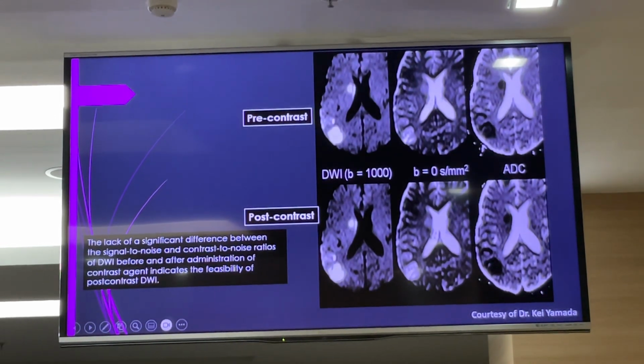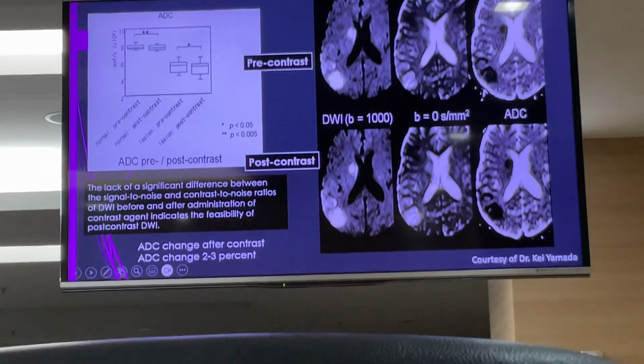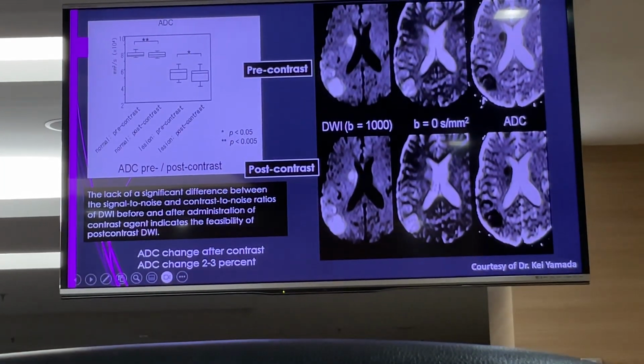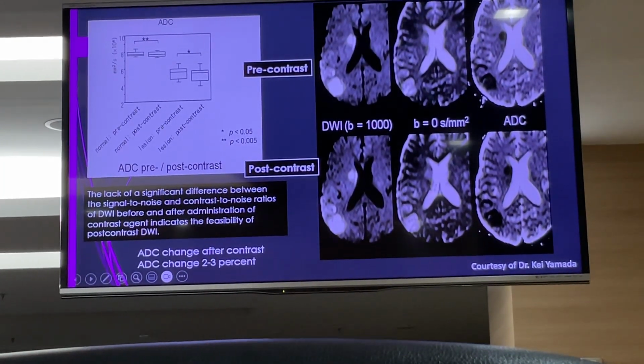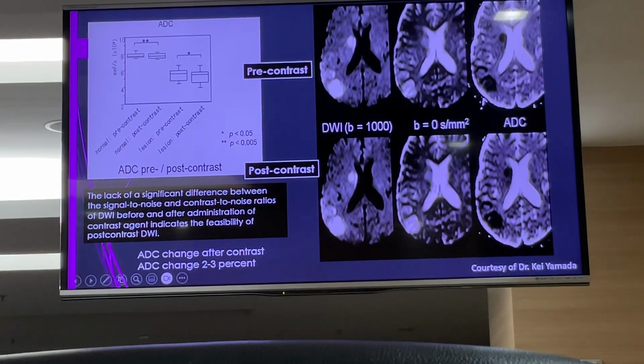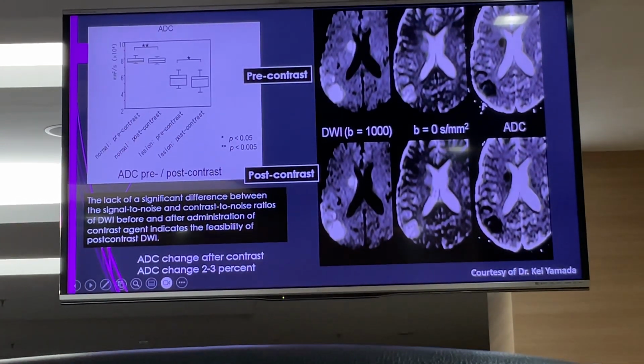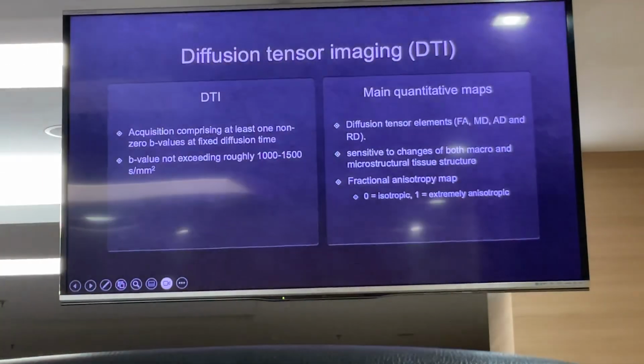Okay, just scan it. The ADC value changes after contrast medium injection by just 2 or 3%, and they change systematically. So we can still diagnose the patient correctly. It's okay to interpret the diffusion imaging after contrast injection in clinic.